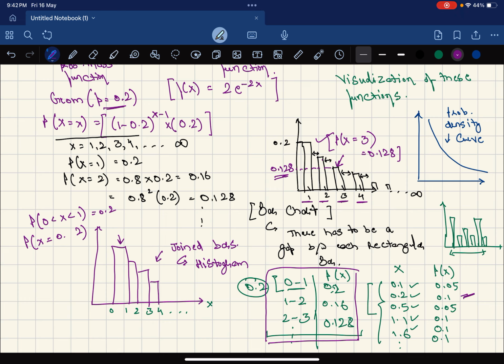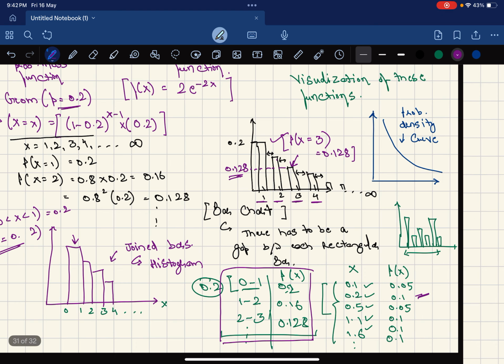You cannot get that using a histogram because it's a summarized way of plotting the data, and therefore you cannot backtrack and get the required exact probability for x equal to 0.2 just by looking at the histogram. You can only get the probability for the range of these values of x. So this is how you can get the probability from a histogram.